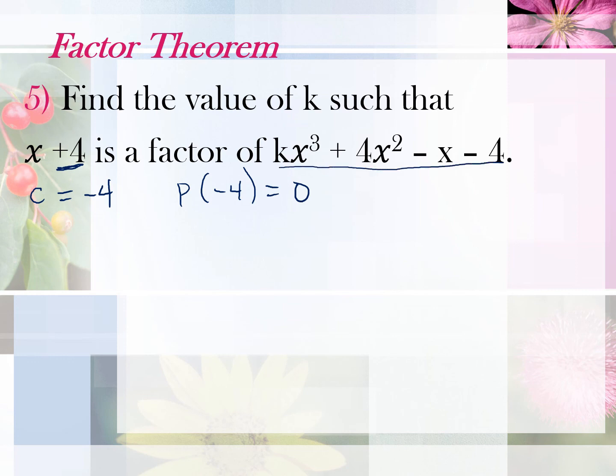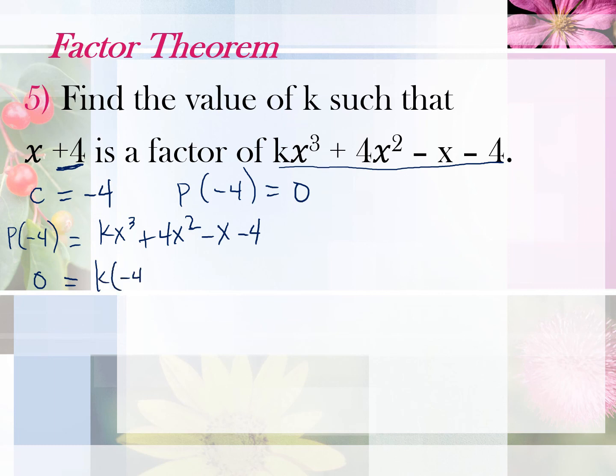So, solve natin yung p of negative 4, copy yung function na kx cubed plus 4x squared minus x minus 4. And then, since factor yung x plus 4, dapat daw yung p of negative 4 ay 0. Then, palitan natin lahat ng x ng negative 4.